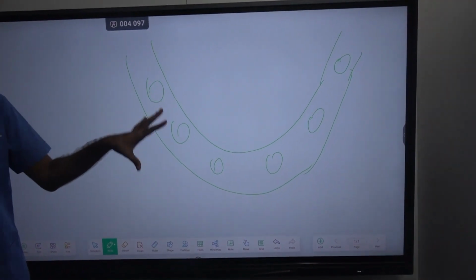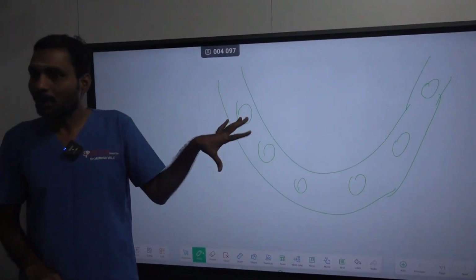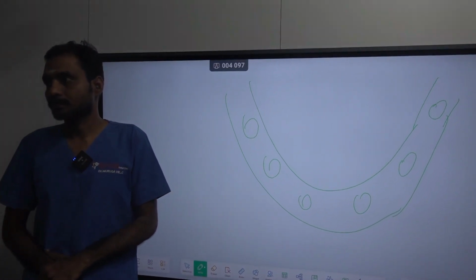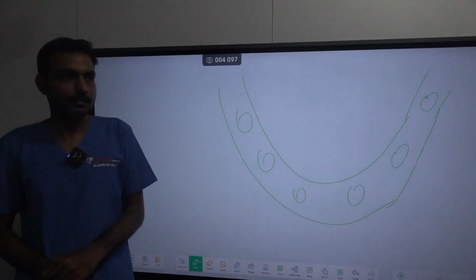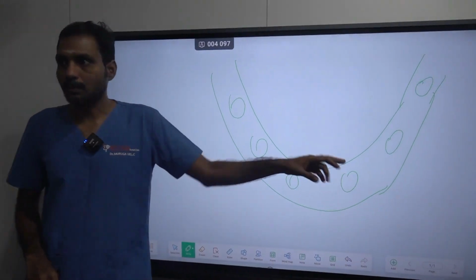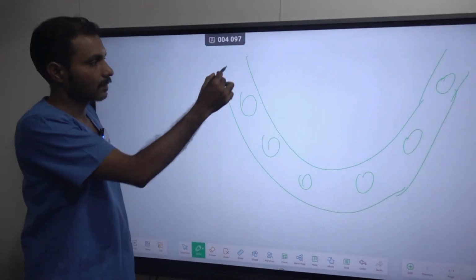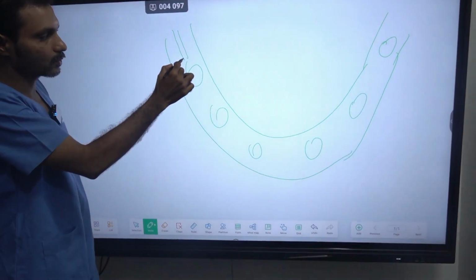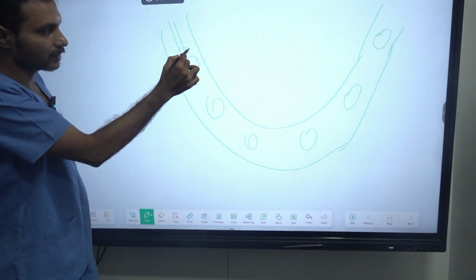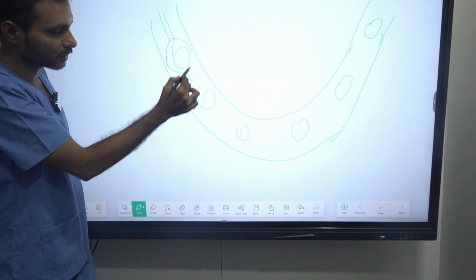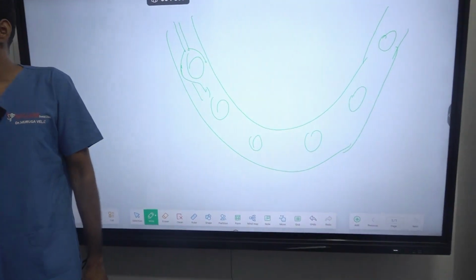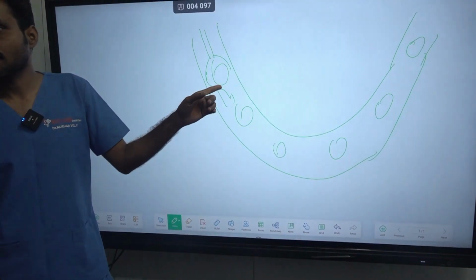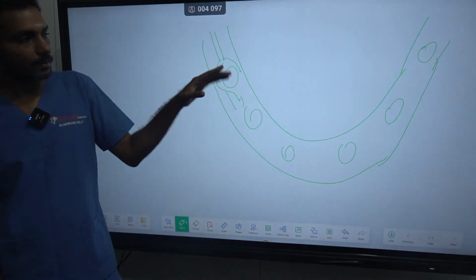Actually what you are doing is you are interfering with the blood supply now. Each one stops your blood supply. Right? So the blood has to take a right turn, take a left turn and go like this. It cannot go straight. There is full bone.